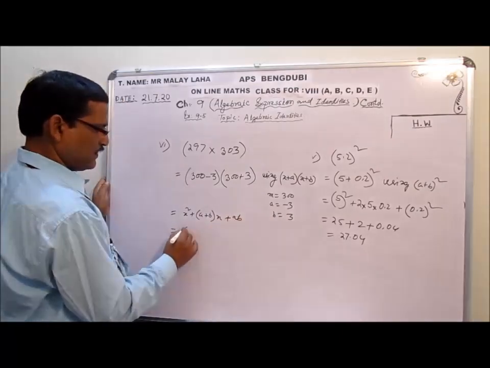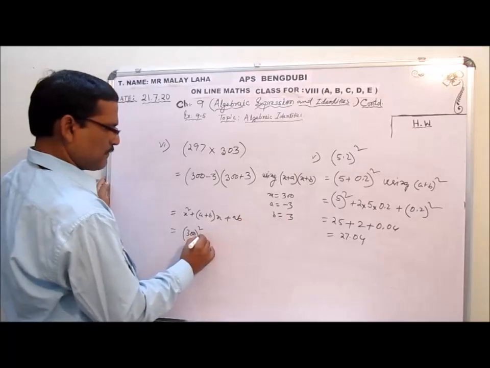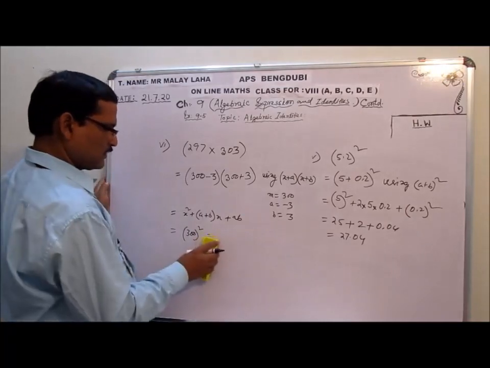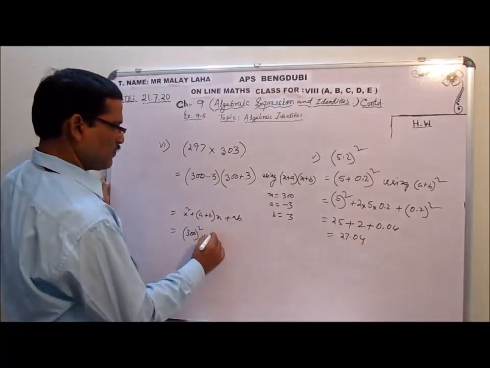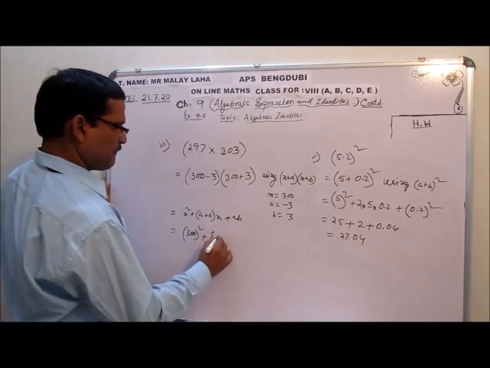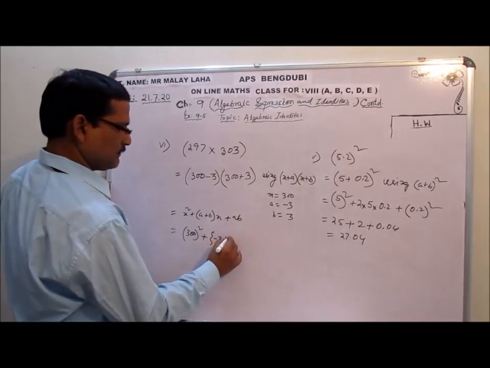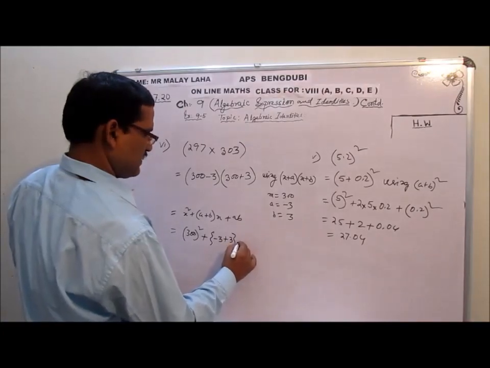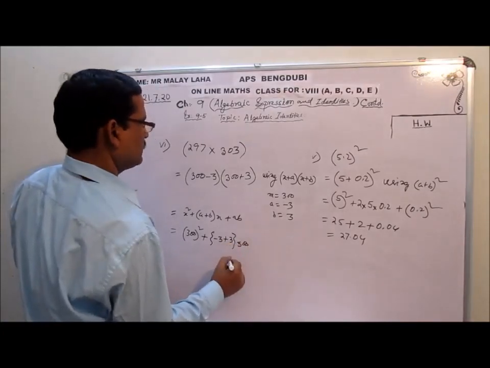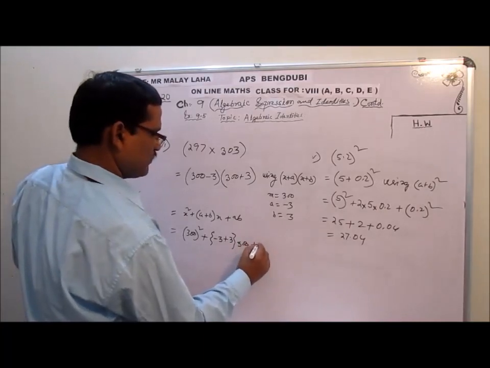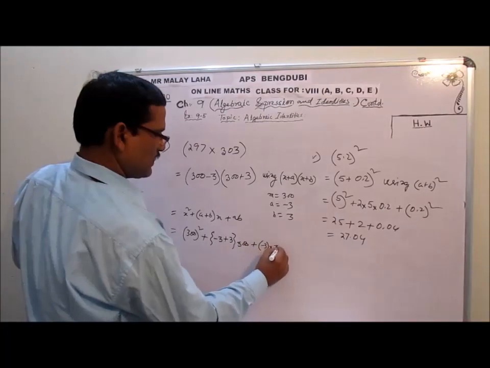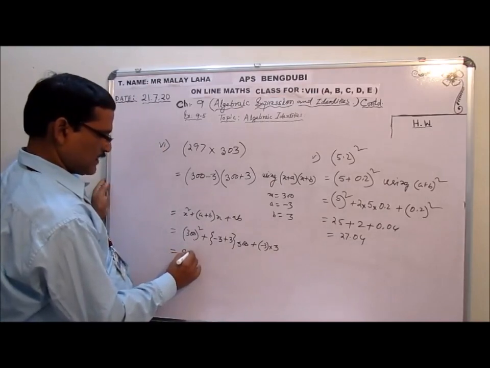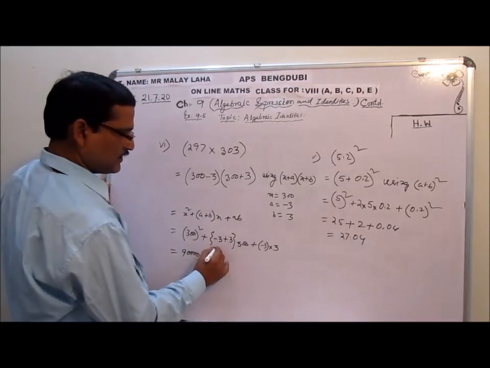Now put the values. x means 300 square, plus a plus b, that is minus 3 plus 3, multiplied by 300, plus a into b, so minus 3 into plus 3. What is the answer here?